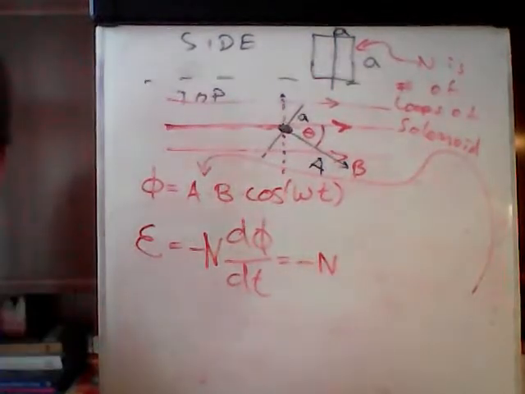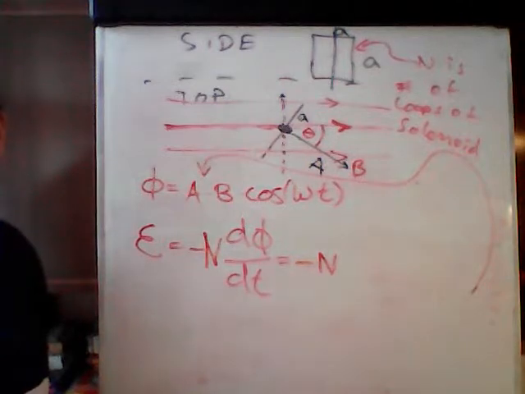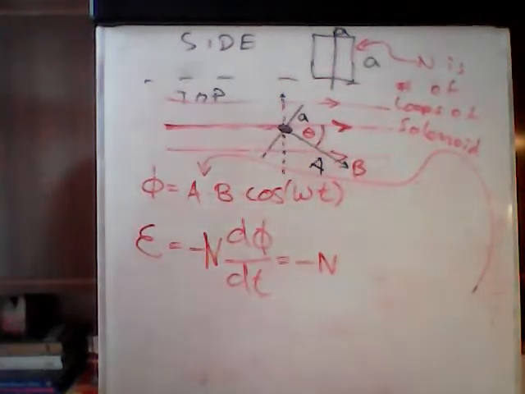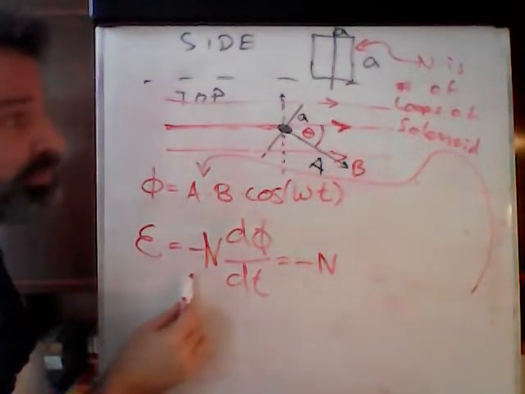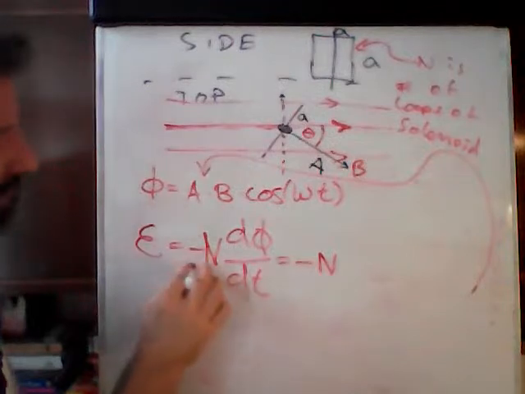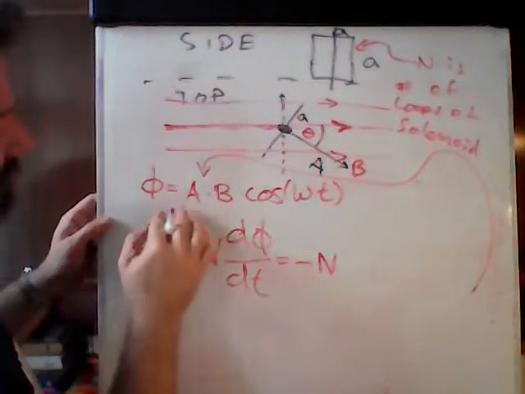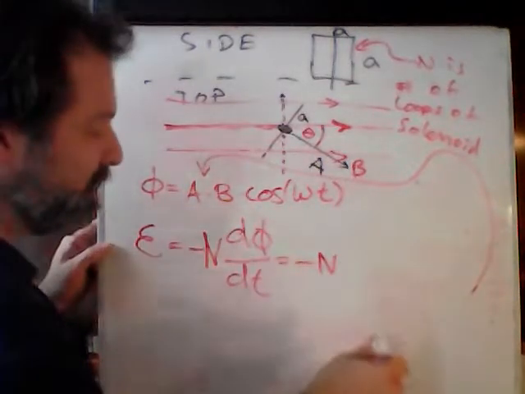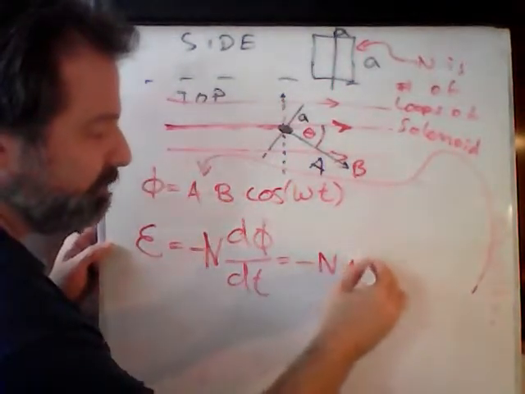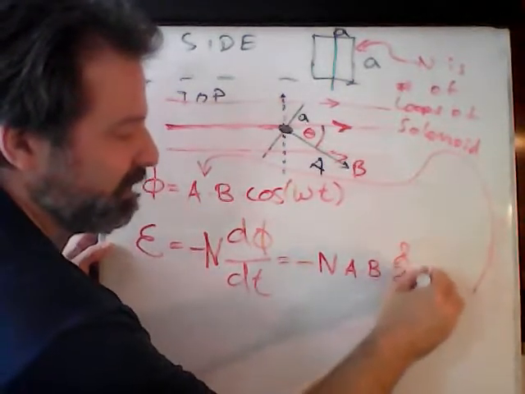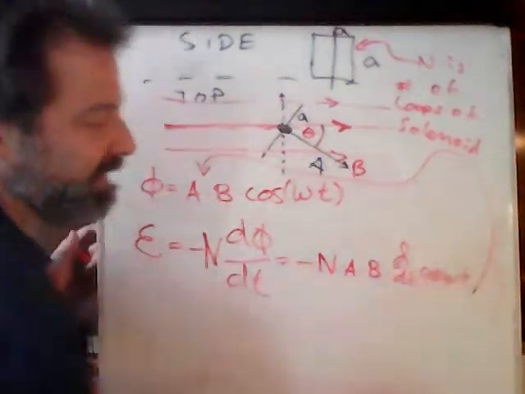Okay, big N. Little n, as you typed it, is the loop density, which we're not doing here. So the number of loops, 3, 200, 2000, whatever it is, spinning, minus N, d phi dt. Let's take a look at what we have here. We have a b cosine omega t. So the a is a constant, the b is a constant, and then we need to take the derivative, and I'll just write it here, of cosine omega t.